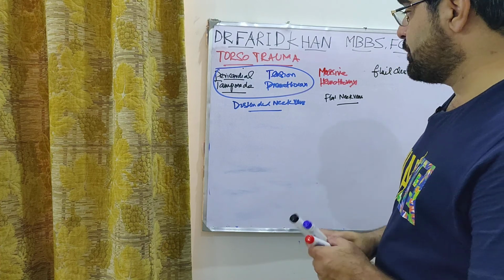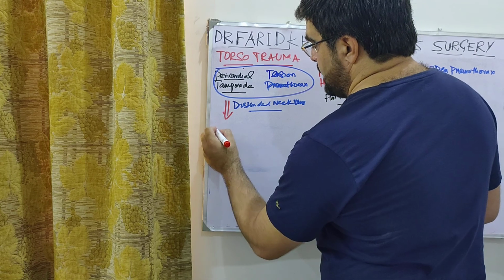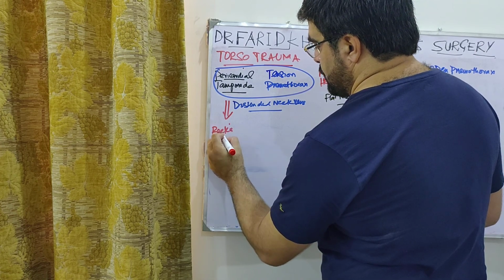In pericardial tamponade, you have to search for Beck's triad.